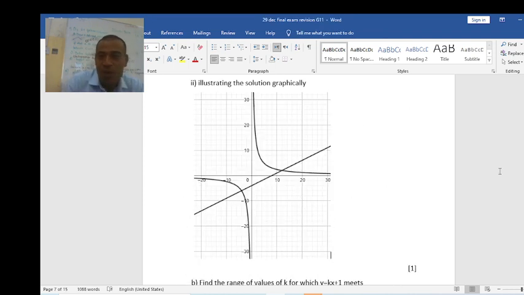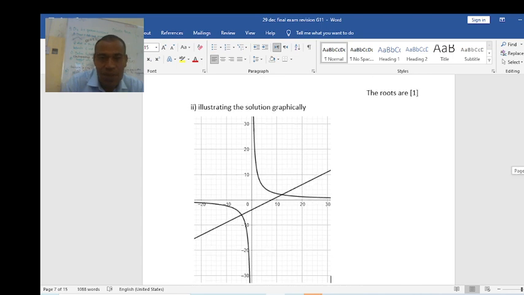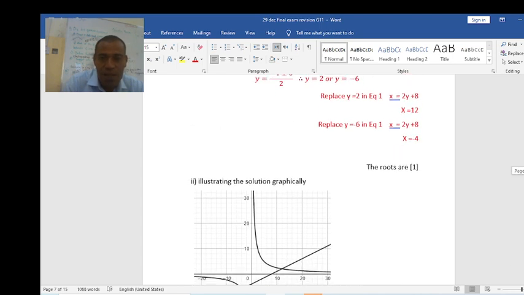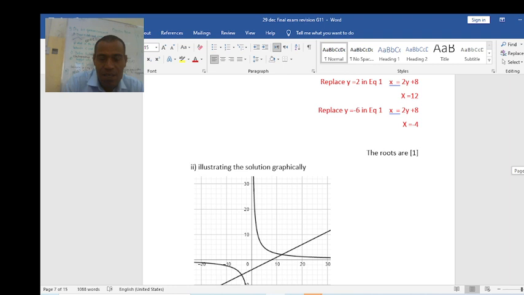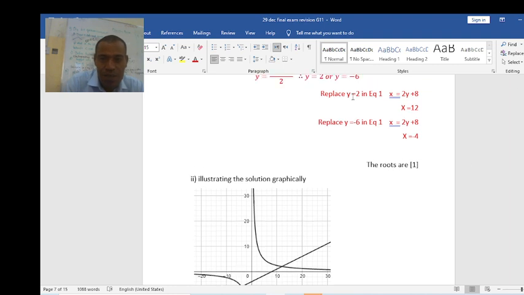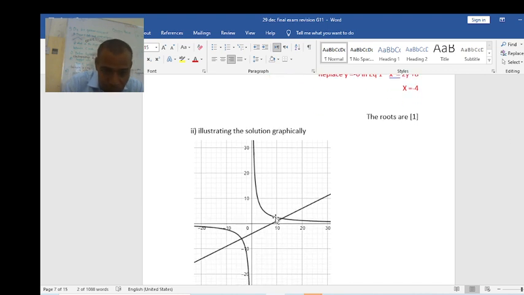You see, we said the roots are what? When y equals 2, x is 12. Clear? Look, this is the y, when y equals 2, x is 12.